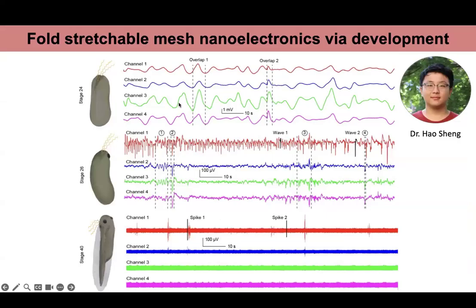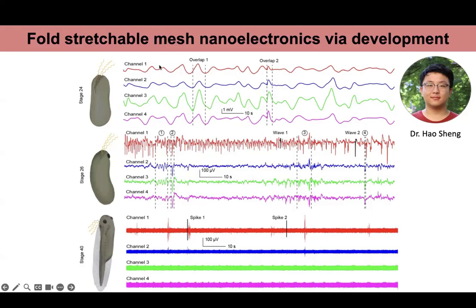This minimally invasive implantation process allows us to stably capture those brain-level electrical signals throughout the entire development. And it's very interesting.